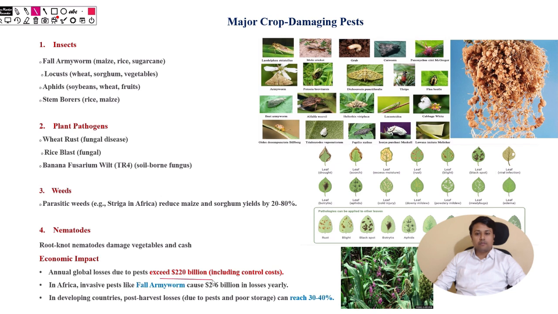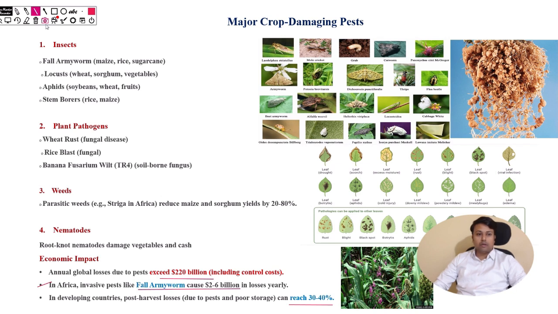The economic impact of these diseases is that annually these crop losses exceed 220 billion, which is a huge amount. In Africa, a single pest, the fall armyworm, causes 2 to 6 billion in losses. In other countries, especially developing countries, crop losses are up to 30 to 40%, and hence these losses are very huge.